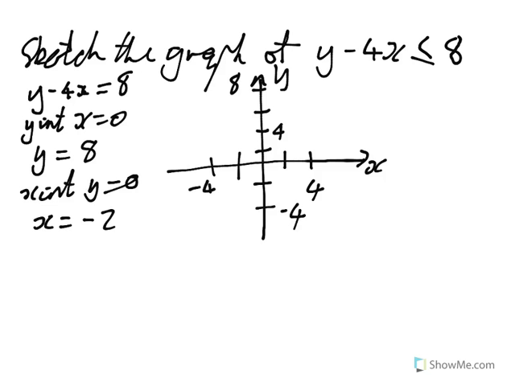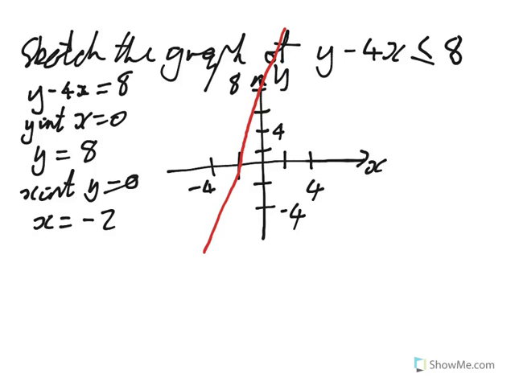Our y-intercept is 8, our x-intercept is minus 2, and it's equals as well, so we need a solid line. So there we go.